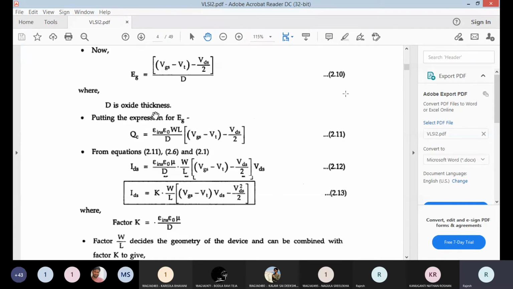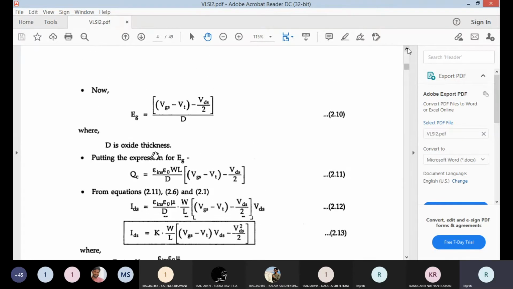So effective electric field EG, average electric field. It is called average electric field between gate to channel is nothing but VGS minus VTN minus VDS by 2 divided by oxide thickness. Now you have to substitute this EG in the previous equation.